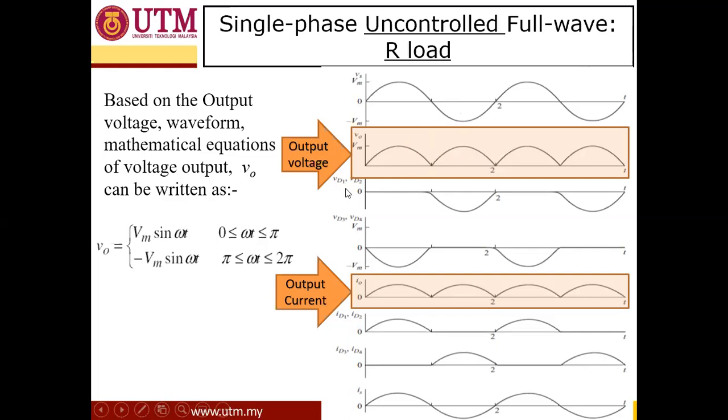This is the voltage waveform across diodes D1 and D2. As you can see, when the positive cycle comes, D1 and D2 are on, so we have zero voltage drop here. But when the negative cycle comes, D1 and D2 are off, and some blocking voltage appears across the power switch, the diode, which is equal to negative VM, the Vmax of the source, and this is repeated for the next cycle.